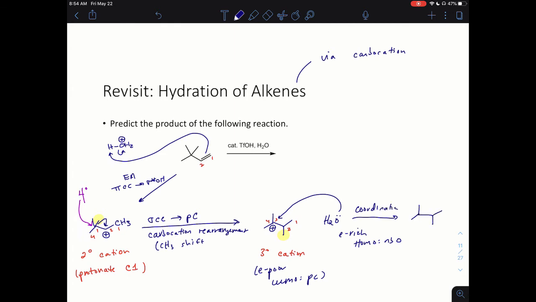This generates the protonated alcohol, which has a pKa of about -2. So we'll observe deprotonation with water to both regenerate the catalyst, which is acid, and the final alcohol product.